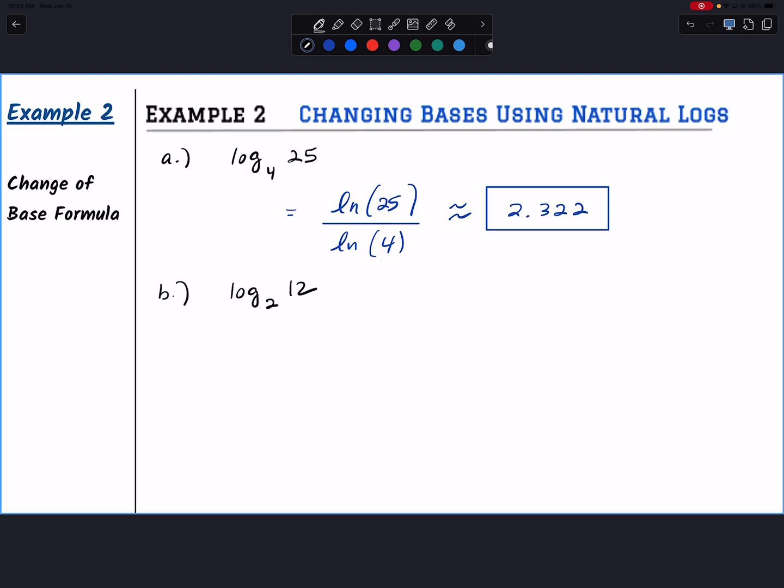But now let's use ln. Let's double check. So use your calculator. Let's check that the ln of 12 divided by the ln of 2 gives us the same answer. It does. So it's 3.585.